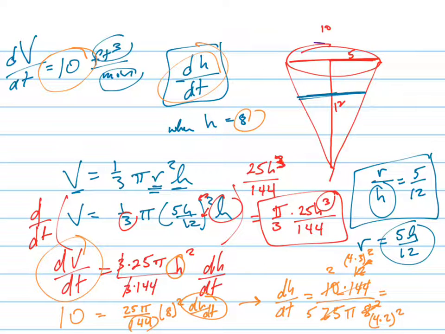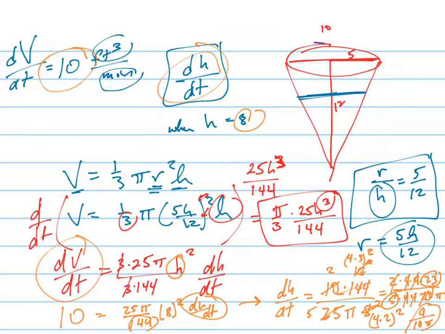Let's do it like this: 4, 4, 3, 3, and 5, 4, 4, 2, 2, pi. Cancel, cancel. I've got two 3s left up there, which is 9, and a 5 and a 2 left down there, which is 10. And the pi is on the bottom.